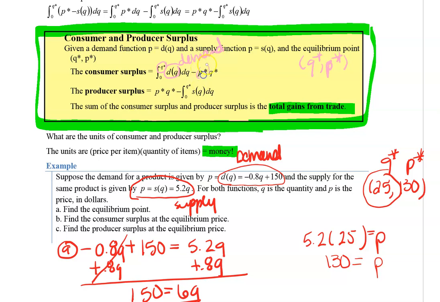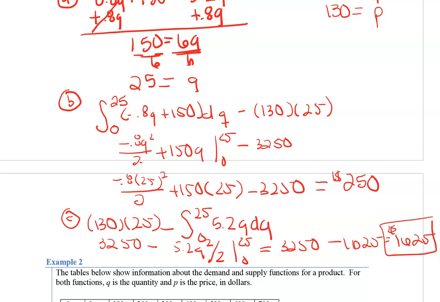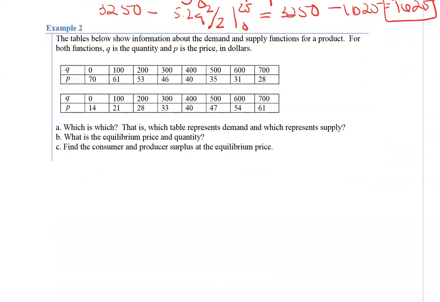And then right here, you're just going to multiply these two values together. Now, in the other one, you multiply the two values together first, minus the integration from 0 to that Q value of your supply function. So again, that was really confusing with all the D's and Q's and whatnot, but hopefully through this example, you can see how we got that data. But again, it goes back to just applying all these definite integrals. So if you're still struggling with integrals, please reach out at this point and let me help you.